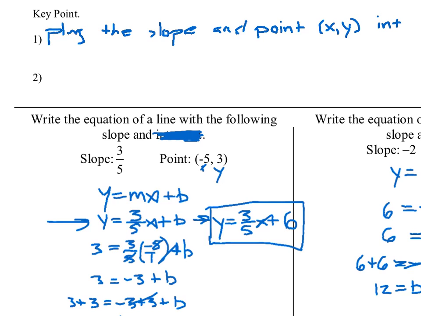Plug that into, and also next to slope I'm going to put m, y equals mx plus b. And I'm putting a 2 here because I want you to finish this sentence with what's the reason why we're doing that. Plug the slope and point into y equals mx plus b to do what?